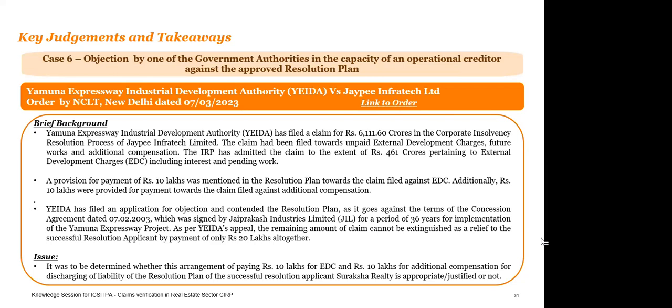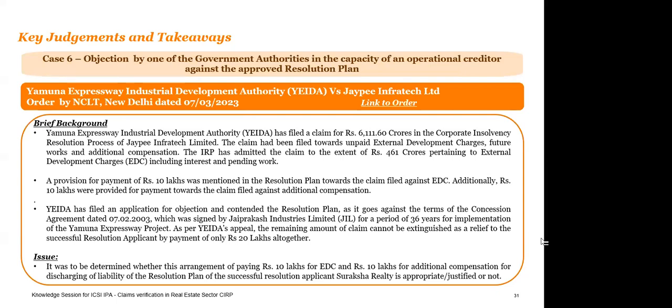So the basic issue here is to determine whether at all this 20 lakhs payment can be appropriated against the total compensation asked by EIDA, the rest of the amount being written off.